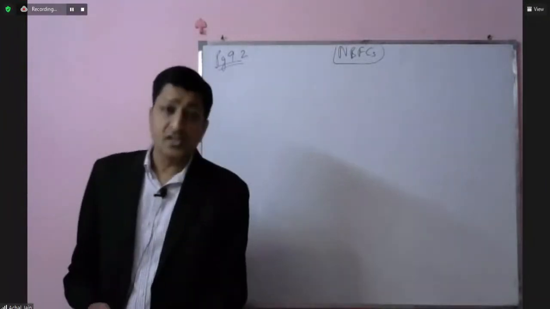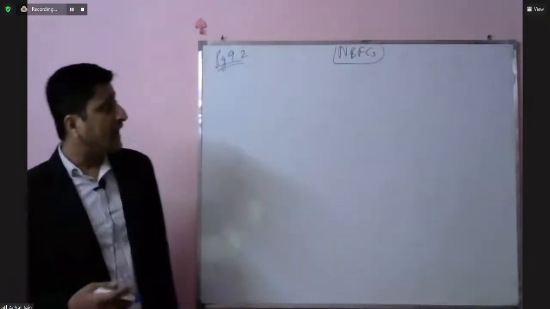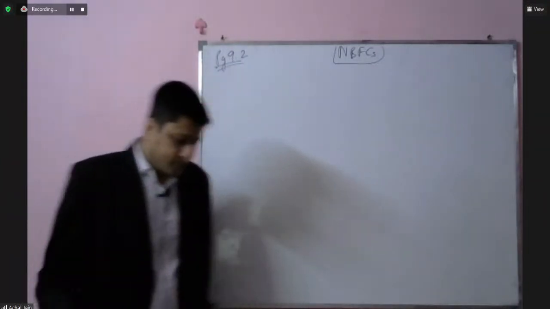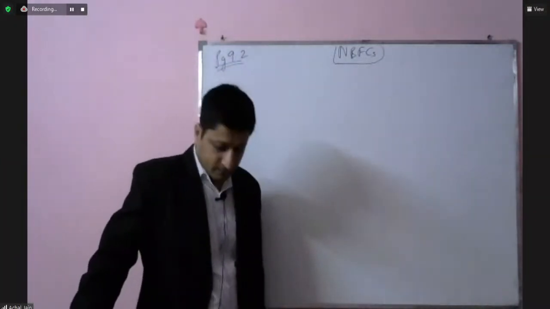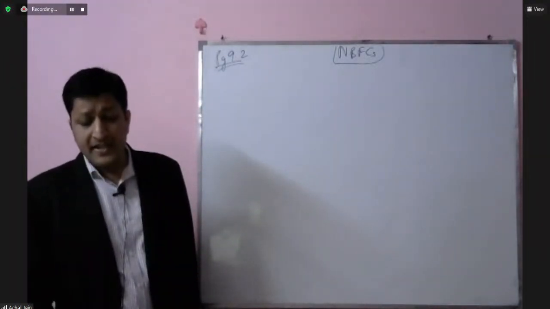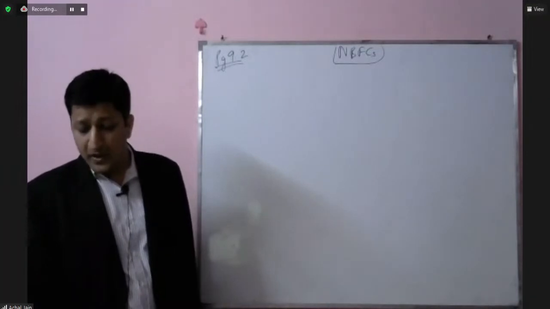Now, for us to check whether an entity is engaged in the business of NBFC, there's a test we can perform. And what's the test? This is called the 50-50 test quite commonly.